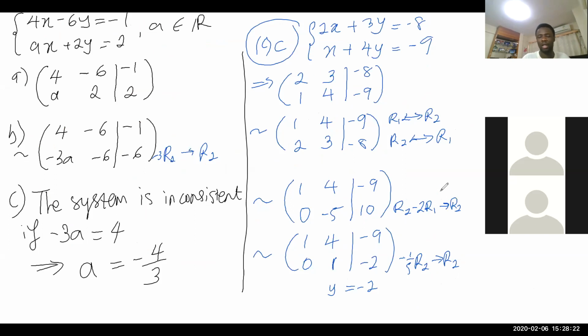Now that you know your y, this is backward substitution. Writing the first line back, it is x plus 4y is equal to negative 9. Now you see why that is 1. Can somebody tell me why it is necessary for that to be 1, looking at what you have here?